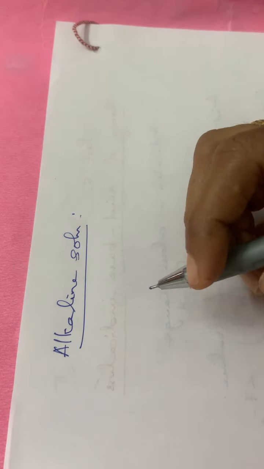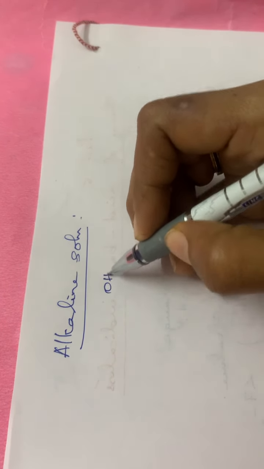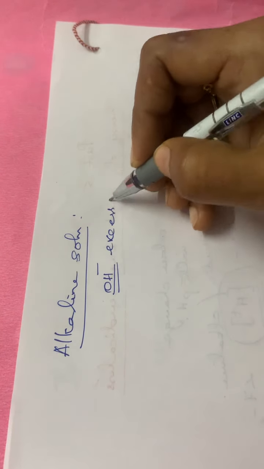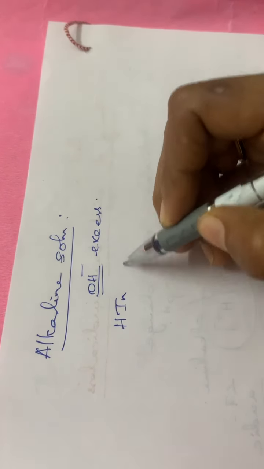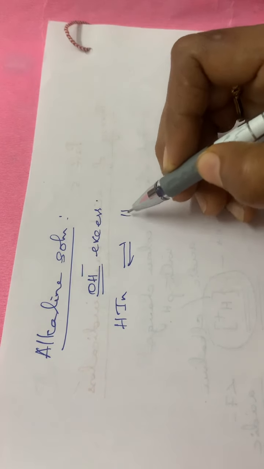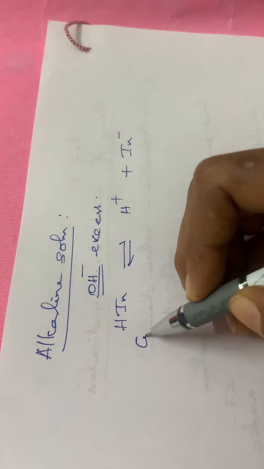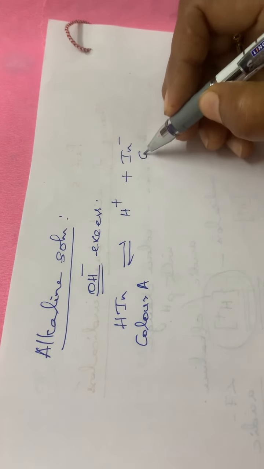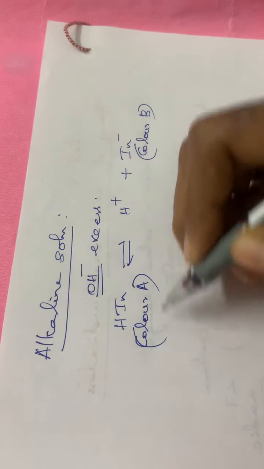In an alkaline solution, the solution will be having excess of OH minus, isn't it? So let us write the equation once more. HIN will be ionizing to H plus and IN minus, and this undissociated HIN will be having a color A, and this ionized IN minus will be having another color B.